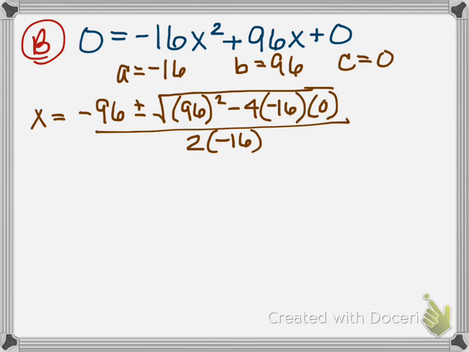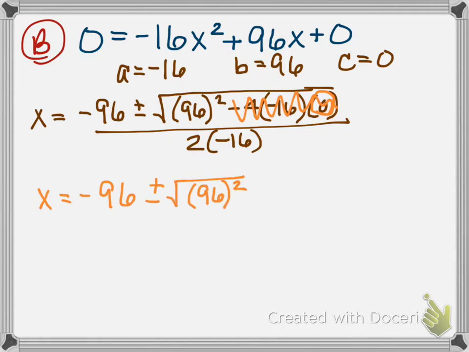So because C is 0, this whole piece is going to cancel out because anything times 0 is 0. So this is now x equals negative 96 plus or minus the square root of 96 squared divided by 2 times negative 16, which is negative 32.